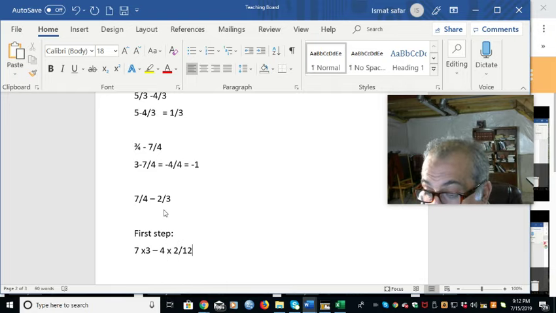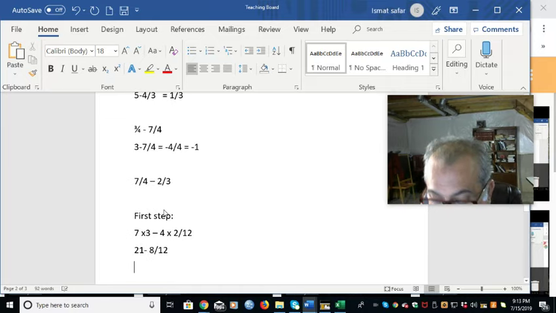So 21 minus 8 divided by 12, which is 13 divided by 12.